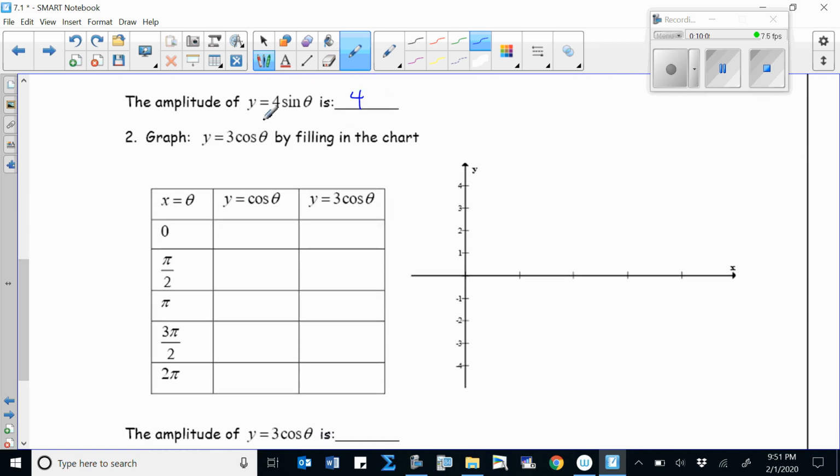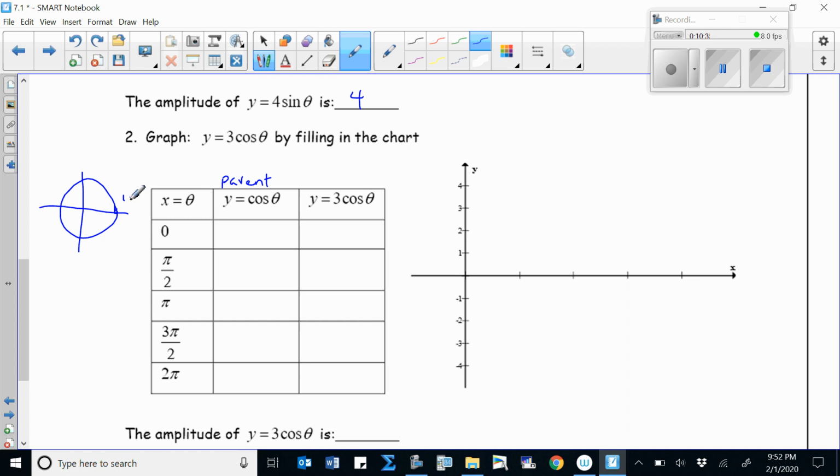Again, we're going to start graphing the function y equal to 3 cosine of theta by graphing the parent function first. So this is the parent function. To find the values of cosine for all these angles, which are again the quadrantal angles, but this time in radians, we do the same thing that we did before.